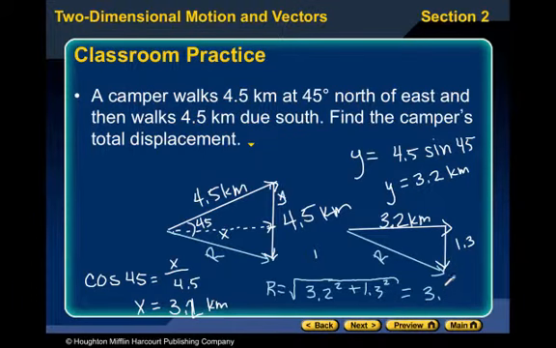3.4 or 3.5? Well, sig figs, so 3.4. Is that 3.2 squared plus 1.3 squared? Yes. 3.5. No, we already had this discussion, Sam. What is it really? It should be 3.45. So it's 3.5.